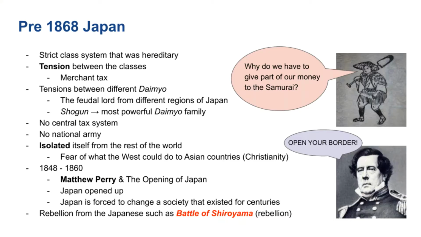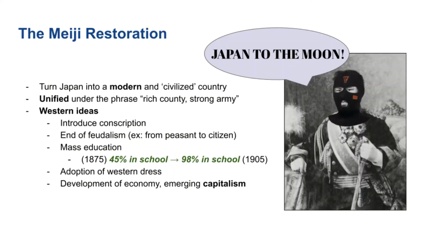And so Japan opens its borders after some consideration, and there are some rebellions such as the Battle of Shiroyama, but they are quickly crushed. Furthermore, Japan is now forced to change as a society that had essentially existed for centuries, and now Japan is finally able to move into the Meiji Restoration.